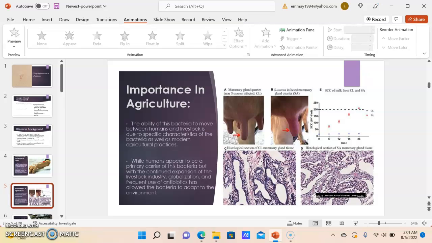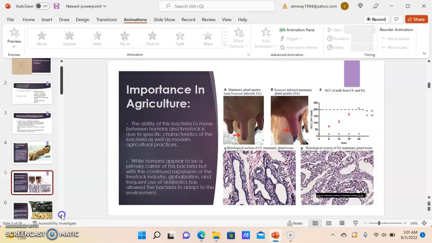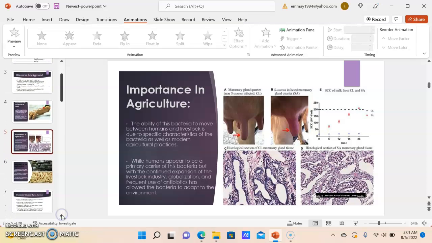The ability of this bacteria to move between humans and livestock is due to the specific characteristics of the bacteria, as well as modern agricultural practices. While humans appear to be a primary carrier of this bacteria, the continued expansion of the livestock industry, globalization, and frequent use of antibiotics has allowed the bacteria to adapt to the environment. So it can go back and forth, which is kind of interesting.